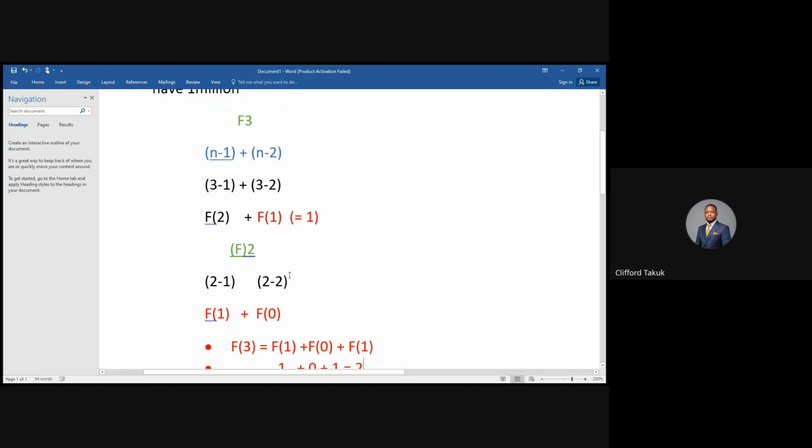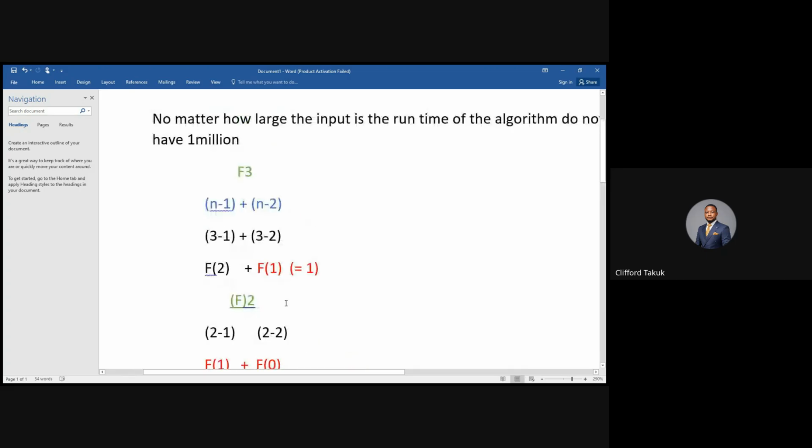Clifford, I have sent the factorial code to you. Is it on WhatsApp? Okay, the factorial. Someone sent me something on WhatsApp. They sent you. Okay. If n is less than or equal to 1, return 1.